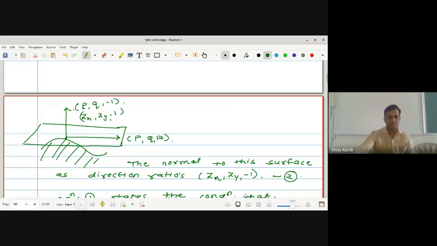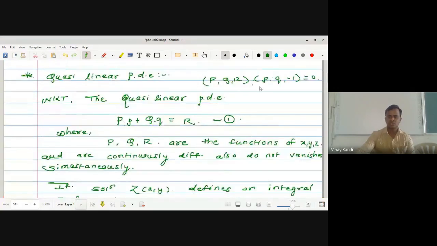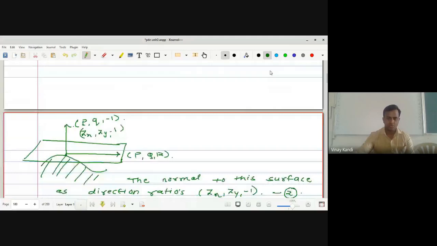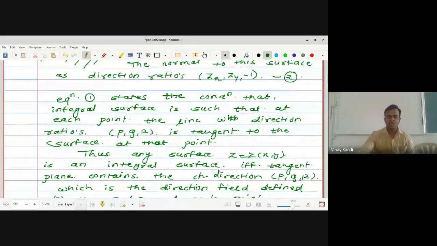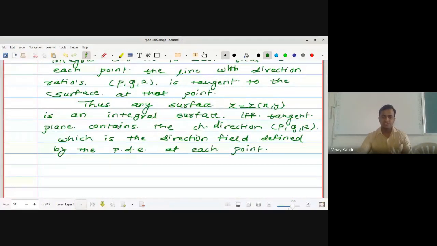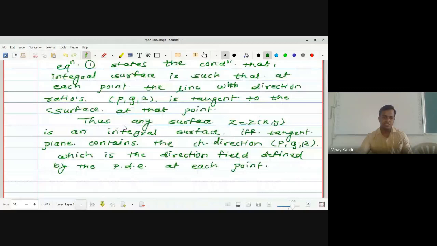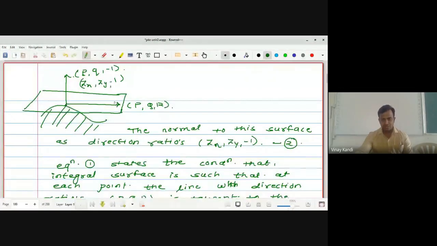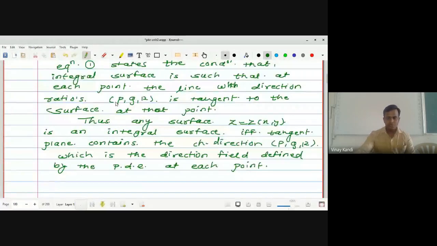Look at it. This is the vector PQR and the normal vector p, q, minus 1. This vector is perpendicular to this vector because the dot product of the two vectors is 0. Equation 1 states that the integral surface is such that at each point the line with direction ratios PQR is tangent to the surface at that point.